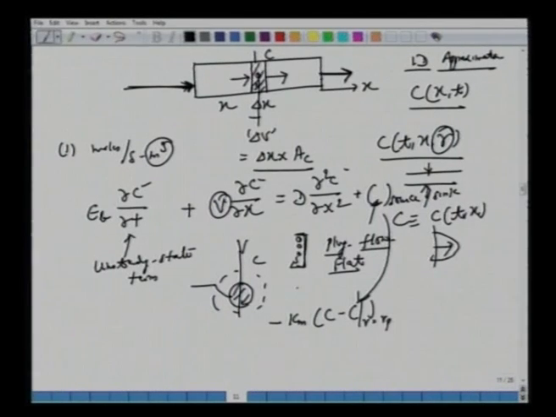Now we are talking of concentrations at this location, c at r equal to rp, and this c here is the bulk phase concentration. So minus km (c minus c at rp), this is flux, moles per second per meter square. We have talked about this earlier, the basics of mass transfer. So moles per second per meter square. This meter square is your external surface area, and here we are writing moles per second per cubic meter of this control volume.